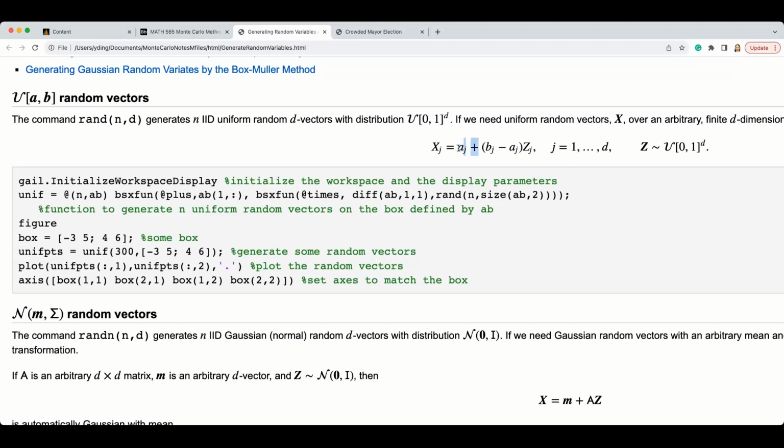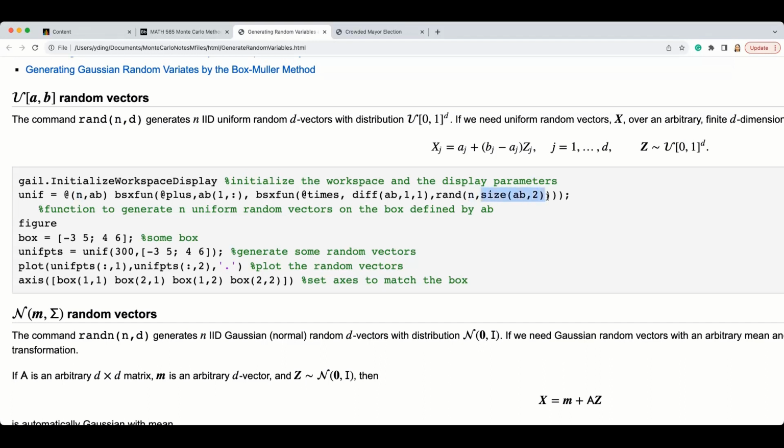That's how we do it here. And then you do times the difference, so you have the difference of this part. And then the random is what we have here. This is our Z, which follows the standard uniform. And then N is the number of vectors you generate.